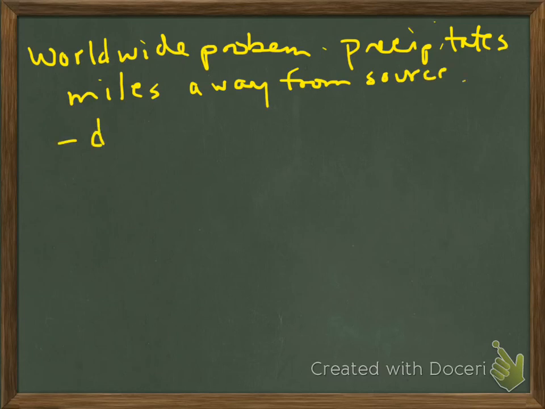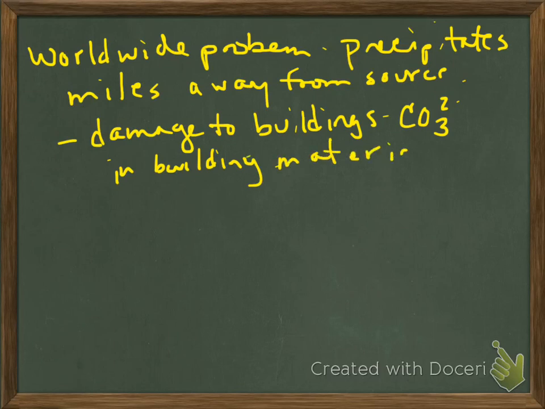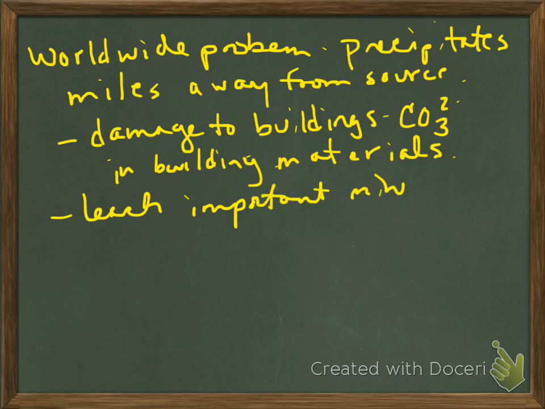This will cause damage to buildings, and this is typically because of limestone or calcium carbonates that are in building materials, because acids with carbonates form water and carbon dioxide. It can also leach important minerals from the ground.